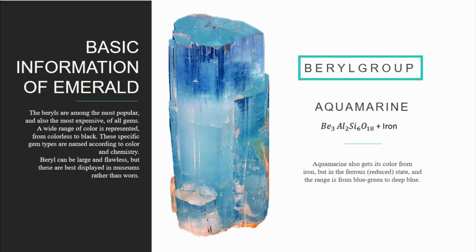In fact, aquamarine's chemical composition has similar items to emerald except vanadium or chromium, because in aquamarine, vanadium or chromium are replaced with iron. This replacement changes the color from green to blue. So you see aquamarine as blue.